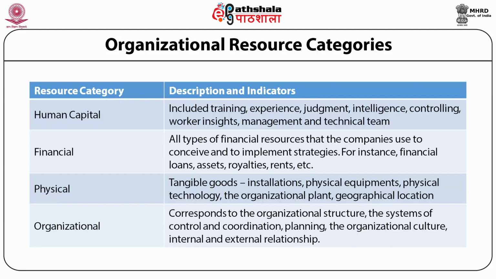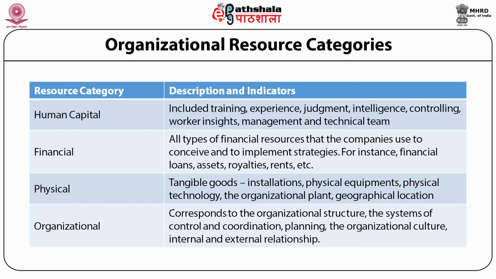The second category of resource is financial resources. So all type of financial resources that the company use to conceive and to implement strategy. For instance, financial loans, assets, royalties, rents, etc. can become part of the financial resource. The third category of resource is the physical resource, and it pertains to all the tangible goods that are in the possession of the company.